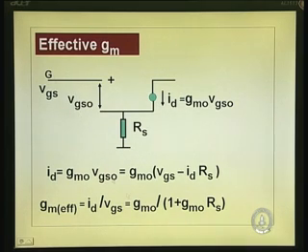ID divided by VGS. So, VGS is actually given by the sum of these two, and you get this quantity. So, what we are saying is GM effective is the intrinsic GM0 divided by 1 plus GM0 times RS.